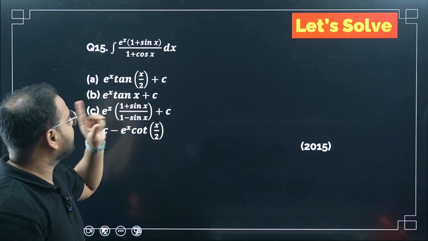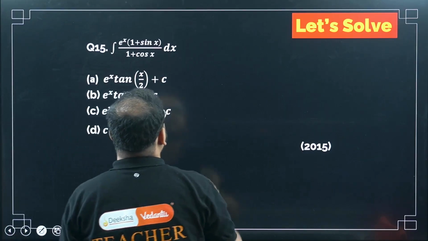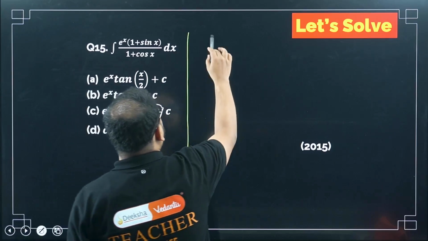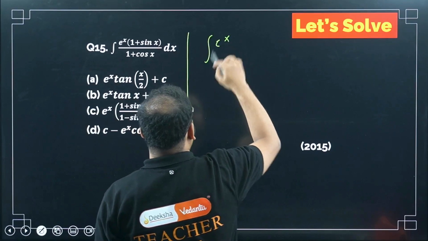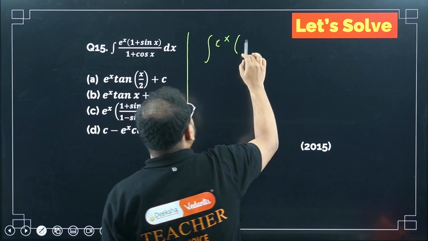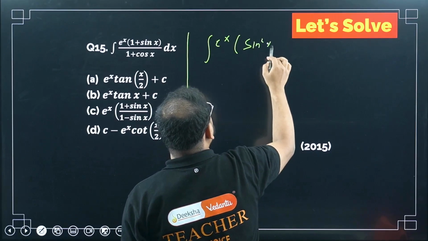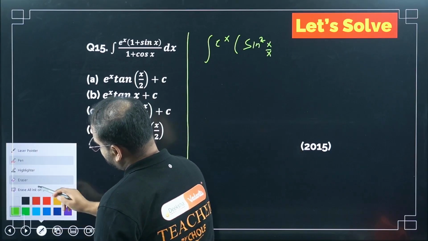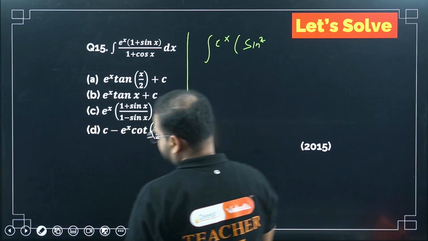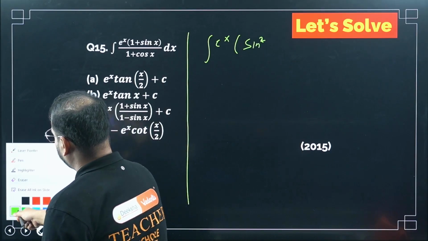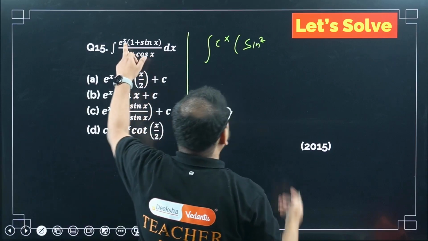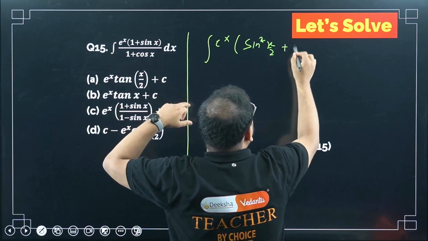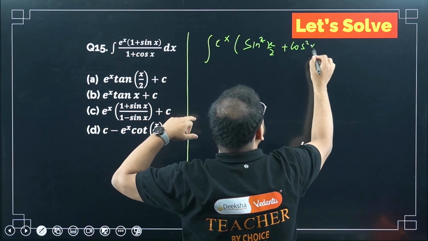Okay, if I do that, what am I going to get? Please check. If I write a few steps, it will become integration of e power x, very good, and this will become sin square x by 2 plus cos square x by 2.